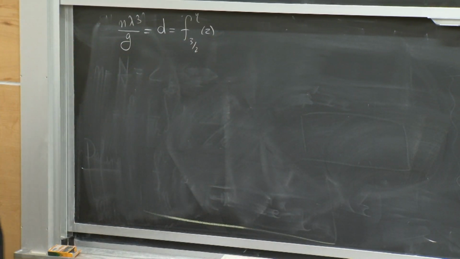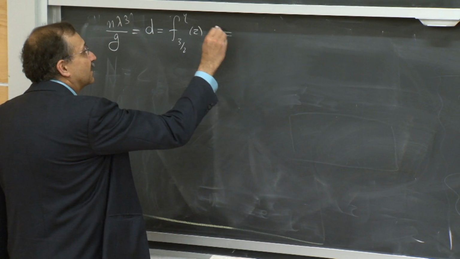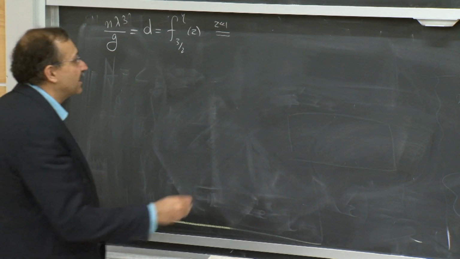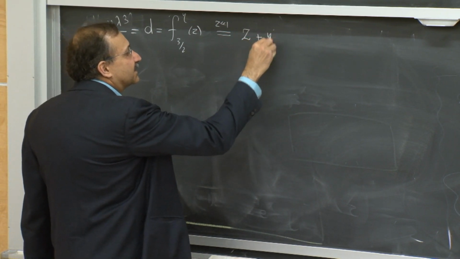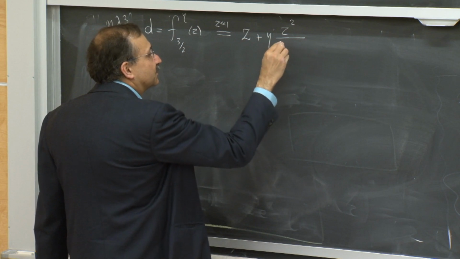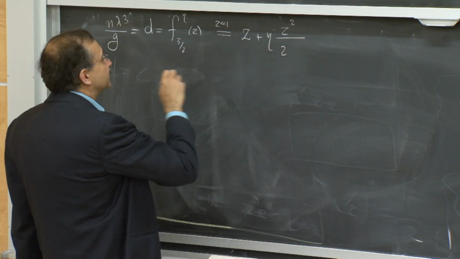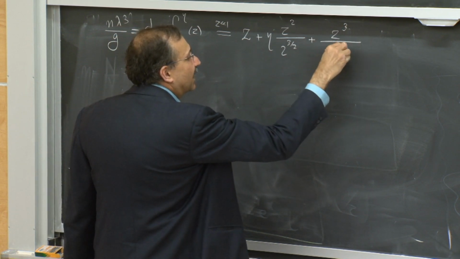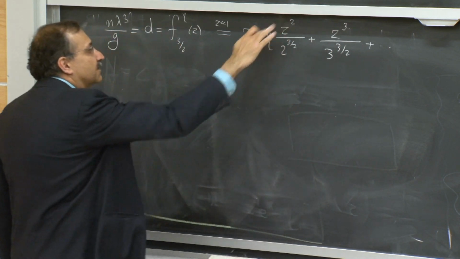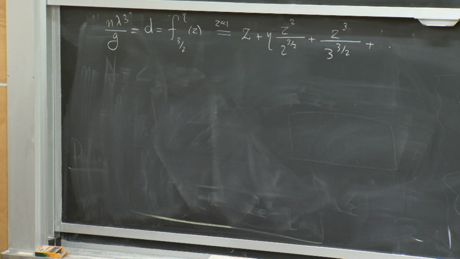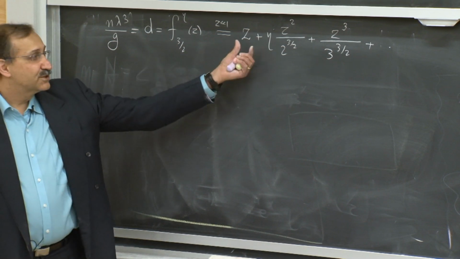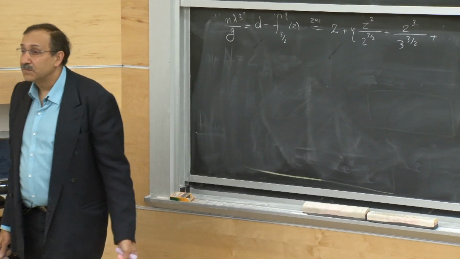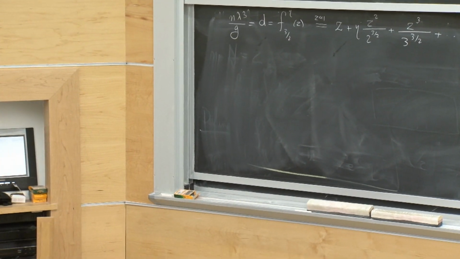And in the limit where z goes to small, I can use the expansion that I just derived, which is z plus eta z squared over 2 to the 3/2 plus z cubed over 3 to the 3/2 and so forth. Now you can see that precisely because as z goes to 0, this series goes to 0, that smallness of d is the same thing or implied by the smallness of z.